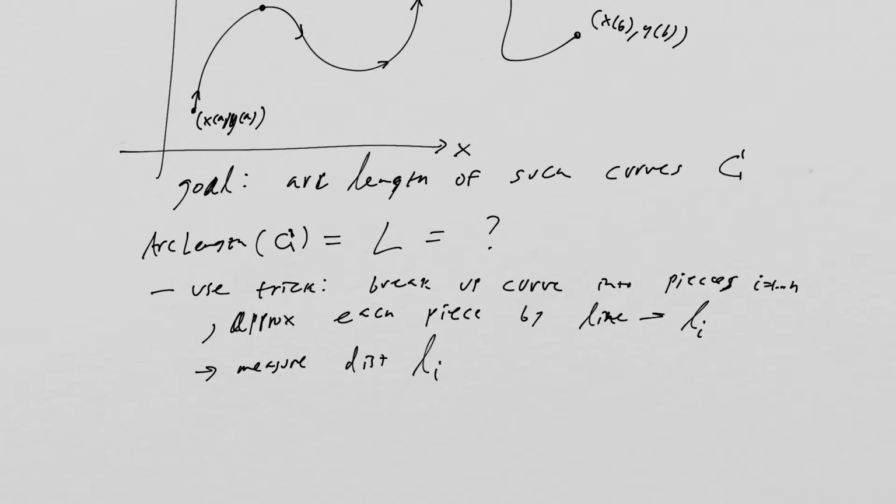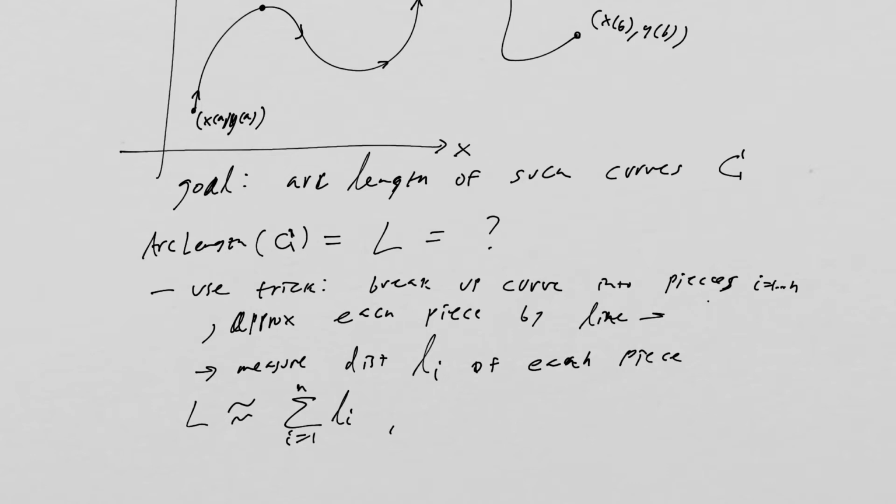That'll actually be better. So I'm going to erase our Li and just say that the distance of each line is called Li. Okay. Measure the distance of each piece. And of course, L, the arc length, is going to be approximately equal to the sum of those Li, i from 1 to n.